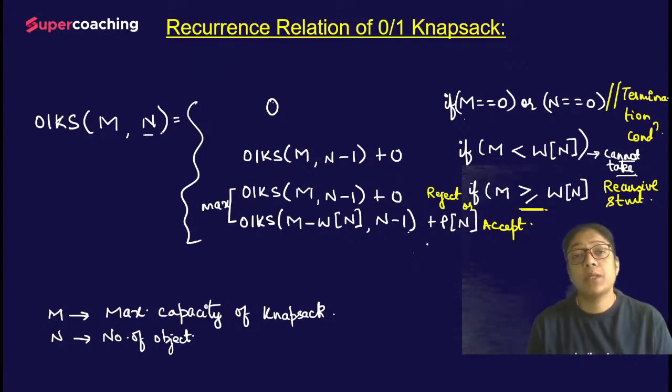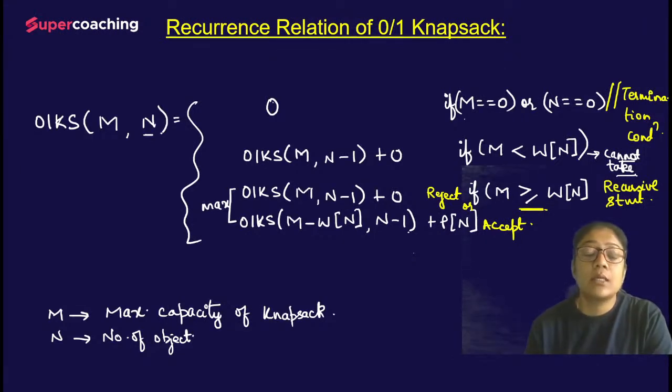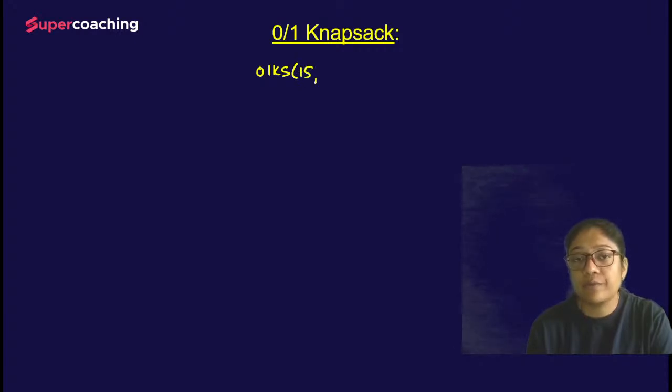अब जब आपके पास recurrence relation है तो obviously we can write a recursive program, but recursive program में होगा क्या? There will be lot many function calls which will get repeated. What I'm saying is, अगर आपके पास function call आती है for example 01 knapsack 15,5, function calls क्या आ सकती हैं यहाँ पे?